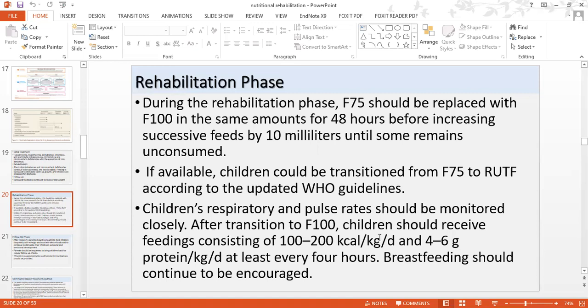Children's respiratory and pulse rate are important to be monitored before transition, and after transition to F100 formula, children should receive feeding consisting of 100 to 200 kilocalories per kg per day and 4 to 6 gram protein per kg per day at least every 4 hours. And of course, breastfeeding is continued here also if the child is less than 2 years of age.